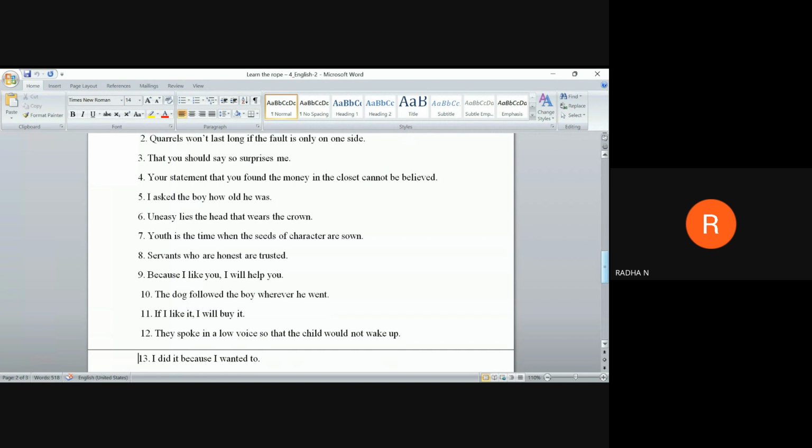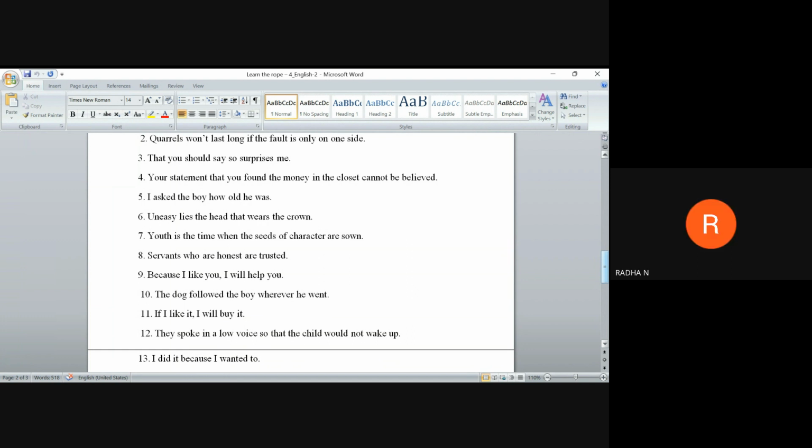The dog followed the boy to the shop. Will you be just able to write a noun there? No. You will have to add to, right? Yes, ma'am. But maybe you can write something like everywhere. The dog followed the boy everywhere, right?